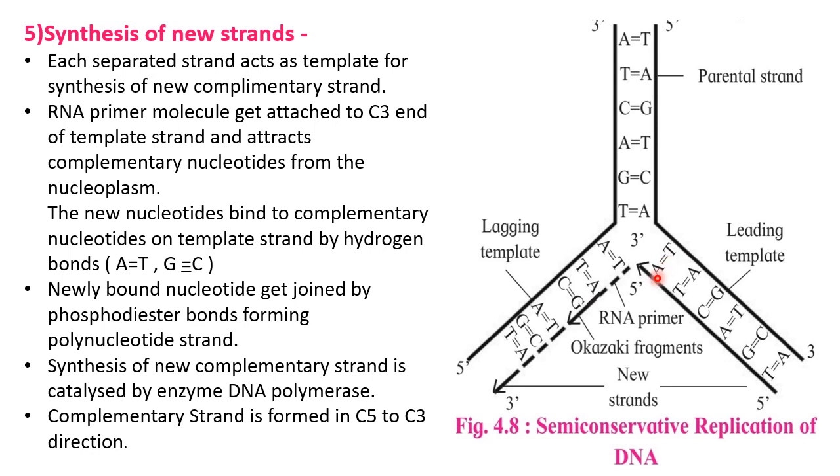Now adenine pairs with thymine with two weak hydrogen bonds, while guanine pairs with cytosine with three weak hydrogen bonds.